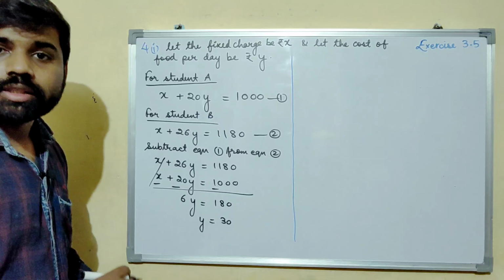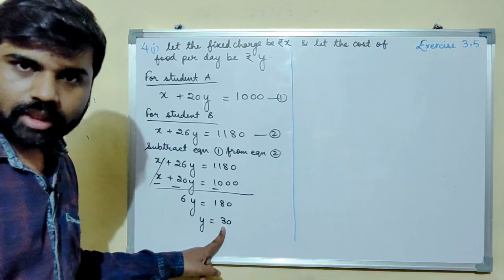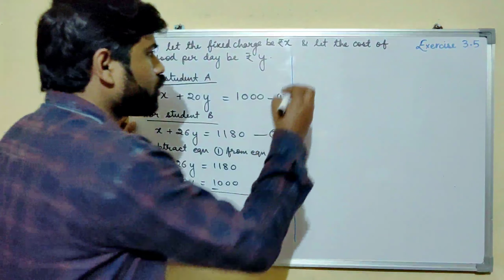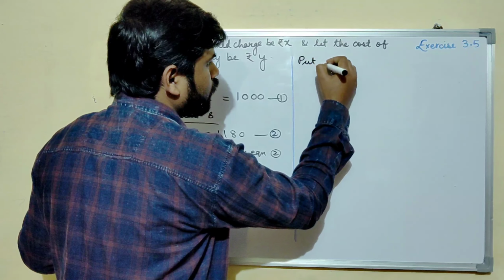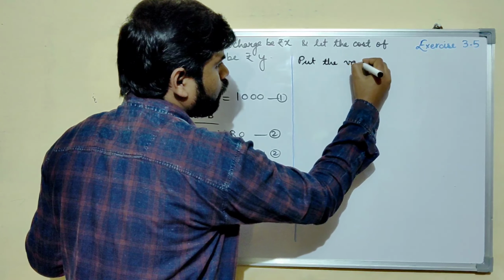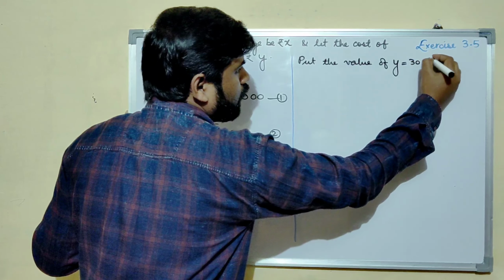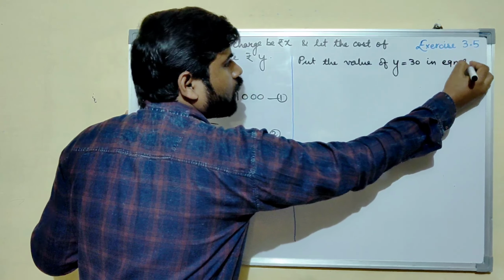Okay, since you have got the value of y equals to 30, you can put the value of y in any of the equations. So put the value of y equals to 30 in, let's say, equation 1.